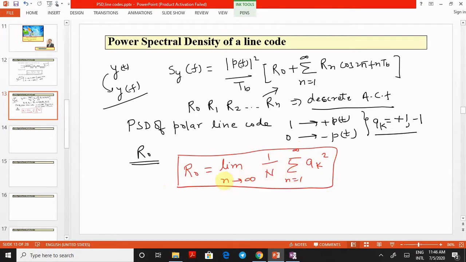Here we are mentioning that N should move towards infinity. It means that we are talking about all N pulses, because the number of pulses is capital N, right?